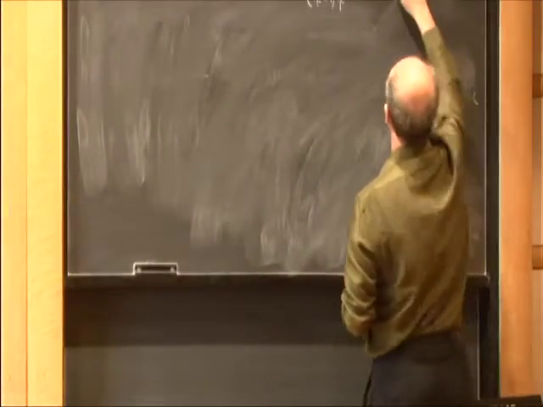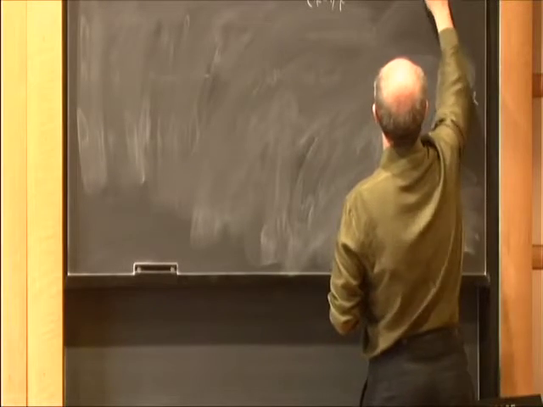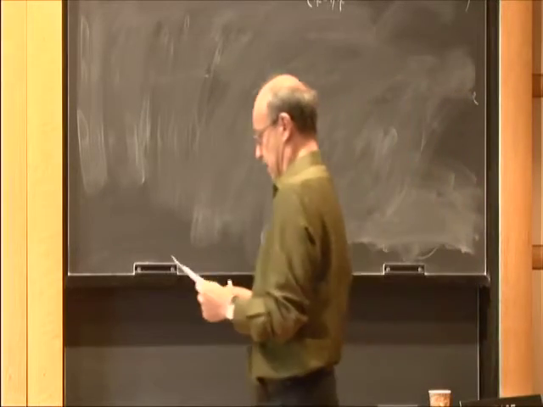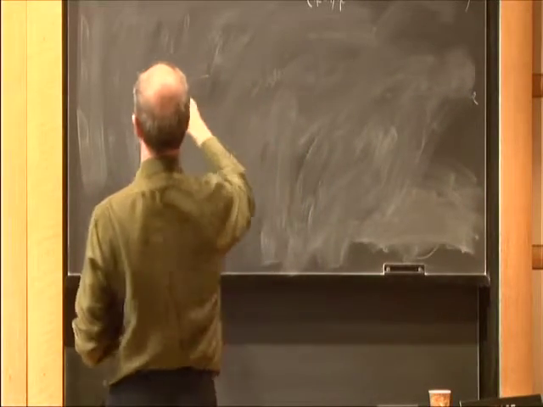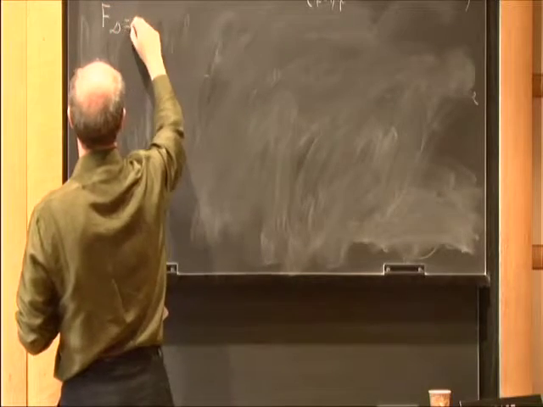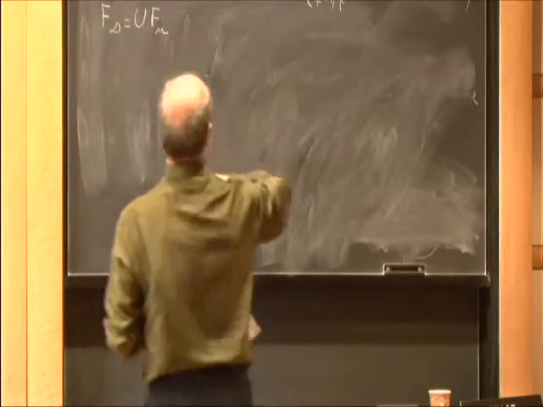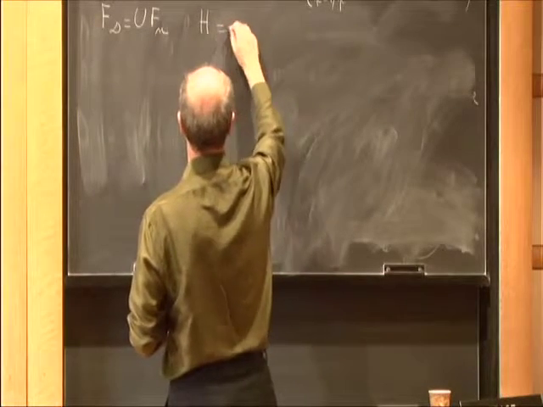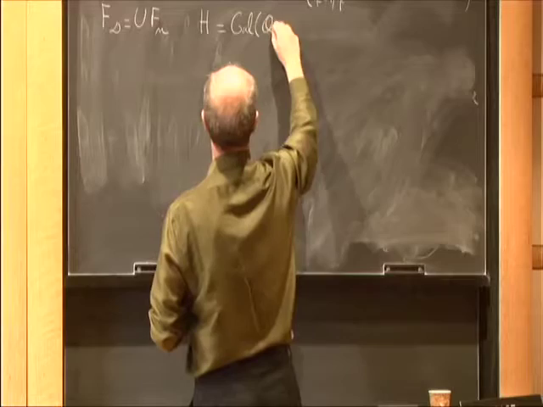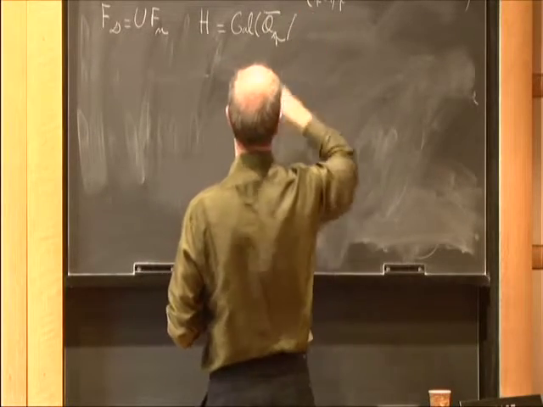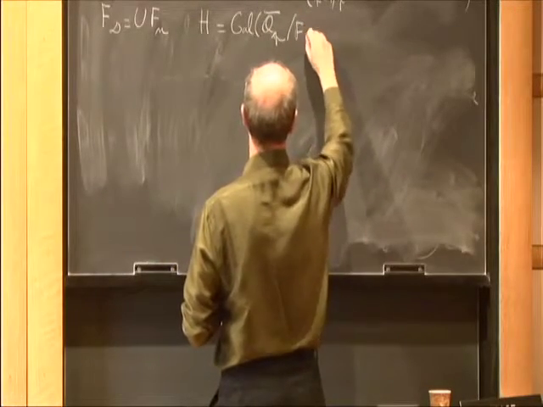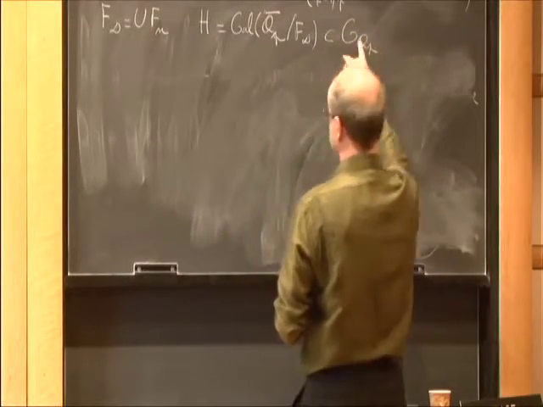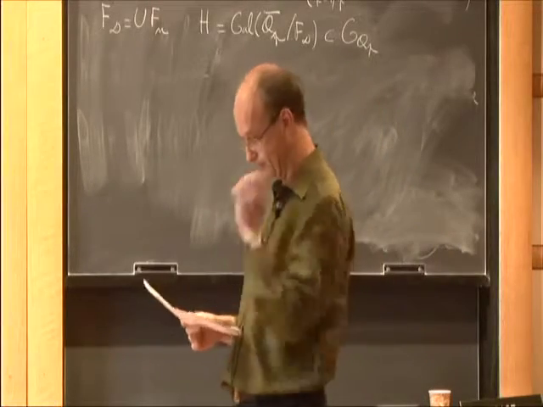Well, let's put F n. This is going to be Qp of zeta n. F infinity is going to be the union of the F n. We will have H, which will be the Galois group of Qp bar over F infinity. So this is inside the G Qp. So the quotient is just our Gamma.